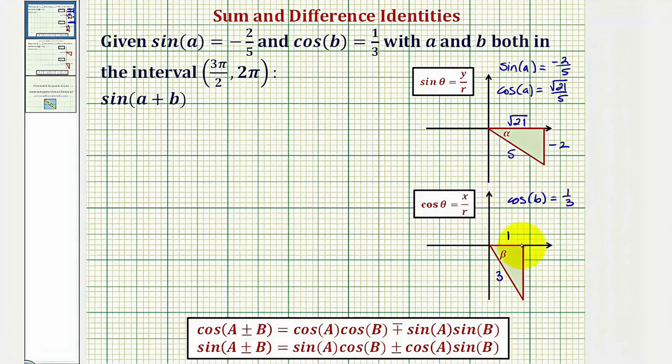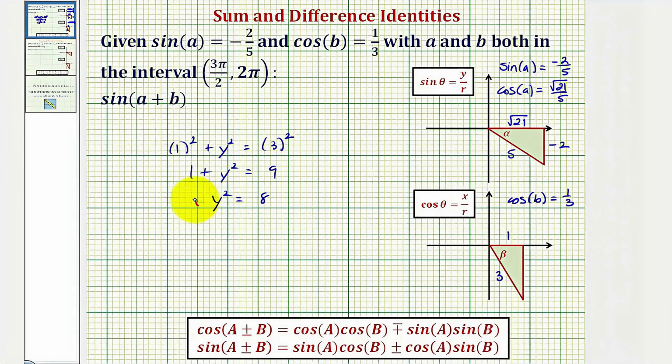To find the length of the opposite side, or y, again we'll use the Pythagorean theorem, where x squared, or 1 squared, plus y squared equals r squared, or 3 squared. So we have 1 plus y squared equals 9. Subtracting 1 on both sides, we have y squared equals 8.